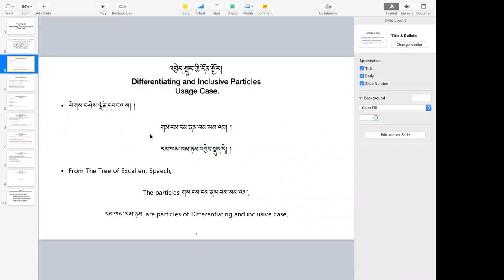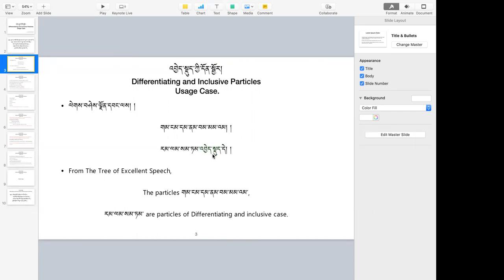The reason we are revisiting these two lines of the verse, of the three lines that tell us about the differentiating and inclusive particle, is because here we are going to observe these two words, che du.